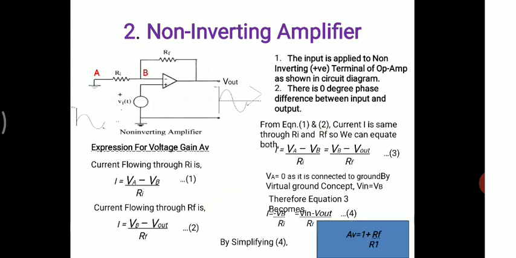Then we get AV equals output voltage divided by input voltage equals 1 plus Rf divided by R1, where Rf is the feedback resistance and R1, or Ri, is the input resistance. So this is the voltage gain of the non-inverting amplifier: AV equals 1 plus Rf divided by R1. This is all about the non-inverting amplifier application. Thank you.